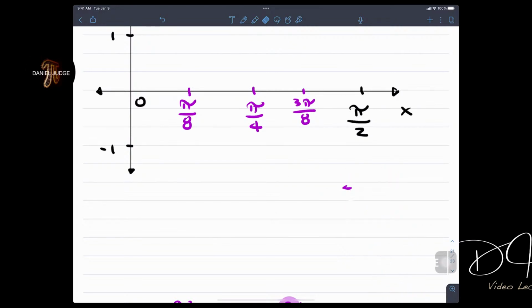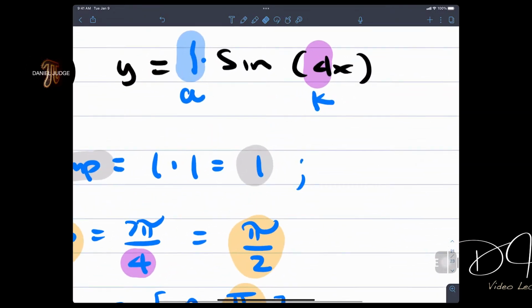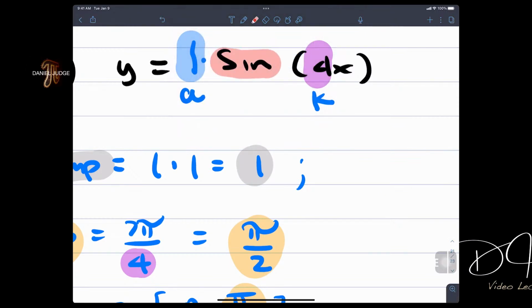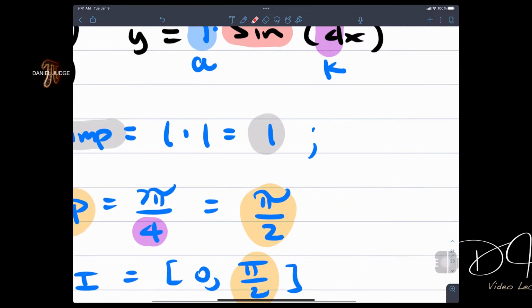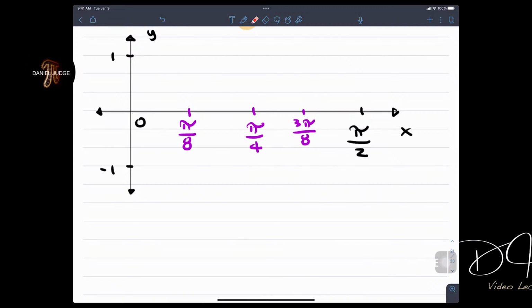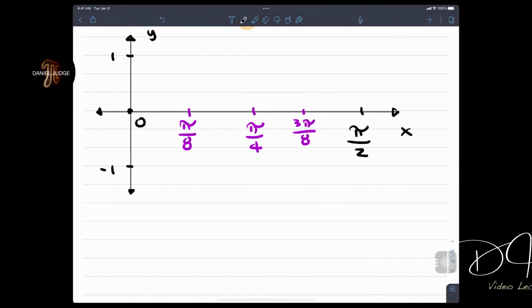All right, ladies and gentlemen, let's take a look. What kind of curve is this? This is going to be, again, sine. And it's not reflected about the x-axis because a is a positive 1. So we got to remember how the sine curve behaves. Sine starts on the x-axis.